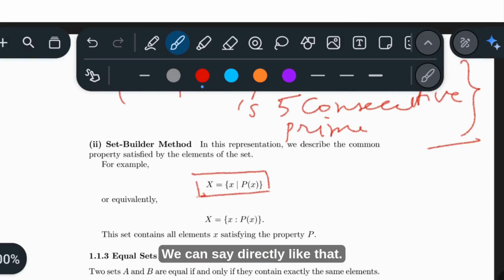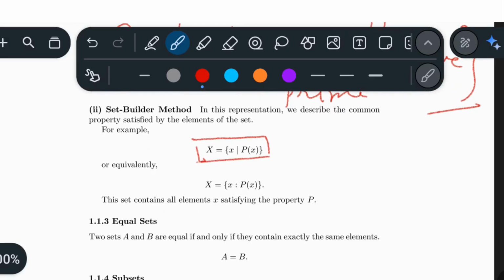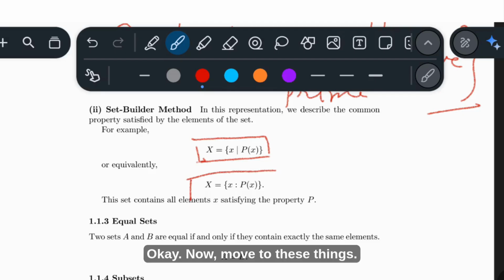We can write the properties of the set directly like that.